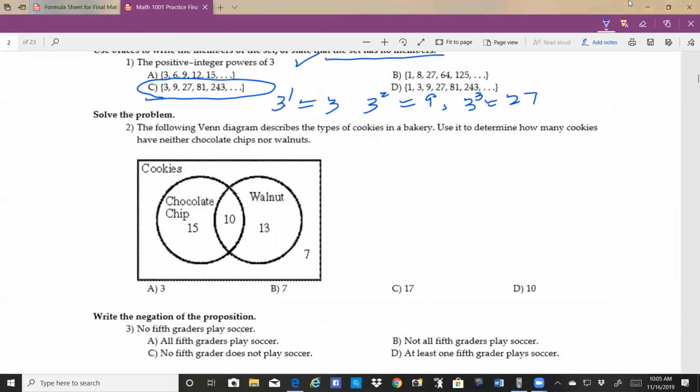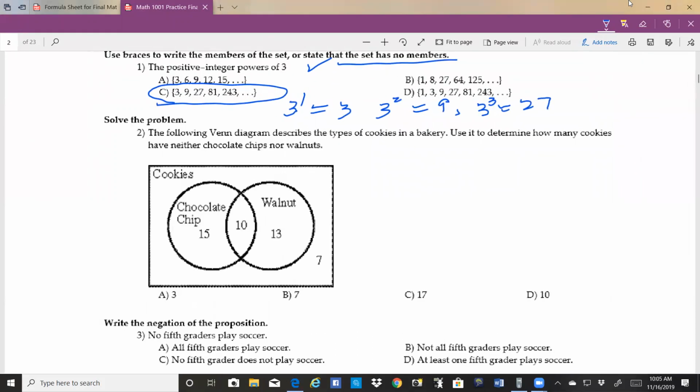The next one is we have this Venn diagram, describes the types of cookies in a bakery. Venn diagrams make it a lot easier to evaluate various quantities when you're talking about variables. We want to use it to determine how many cookies have neither chocolate chips nor walnuts.